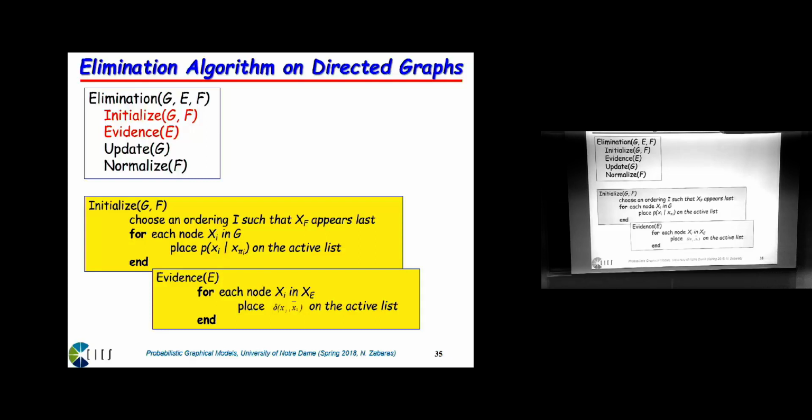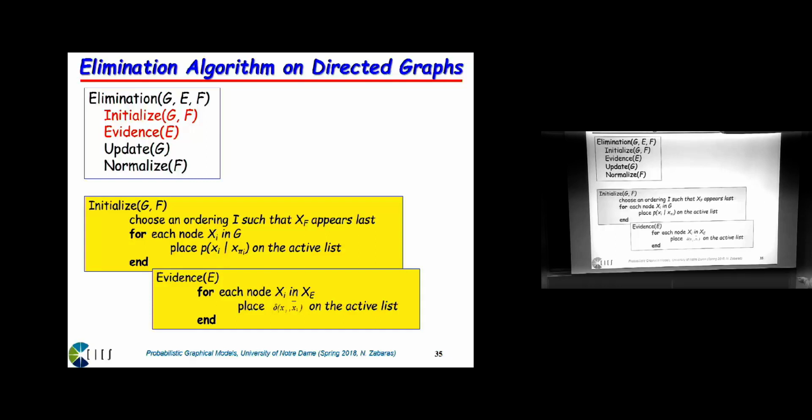You keep an active list that defines all the potentials in your problem, and those potentials to start will be these conditional probabilities, right? You haven't done any elimination, so this is what you start with. And obviously, you need an active list because later on, you're going to have to introduce new potentials when you eliminate variables, right? So the active list keeps track of all the potentials that define the factorization of your joint in the graph, okay? So you initialize and create this active list where you put all these conditional distributions.